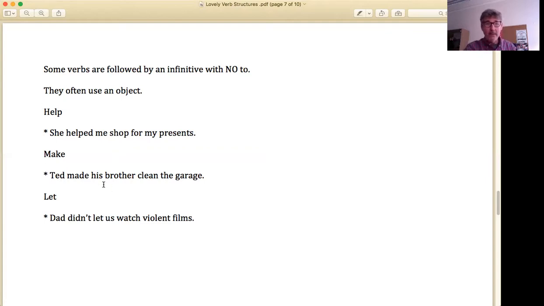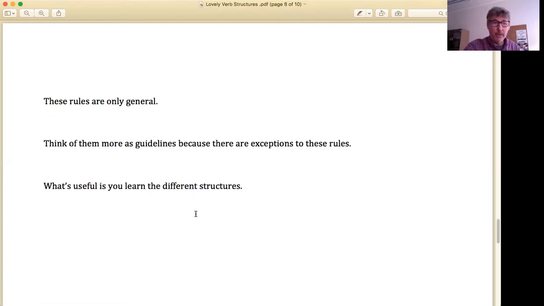Make is similar. Made his brother. Make someone do something means you force them to do it. You don't want to put a to in there with make because it just sounds weird to a native speaker. If you take an Oxford test, you'll get it wrong, or even on the credit test, if you put a to in there after make. All right, and then let us do. So that's what you want to learn if you can.